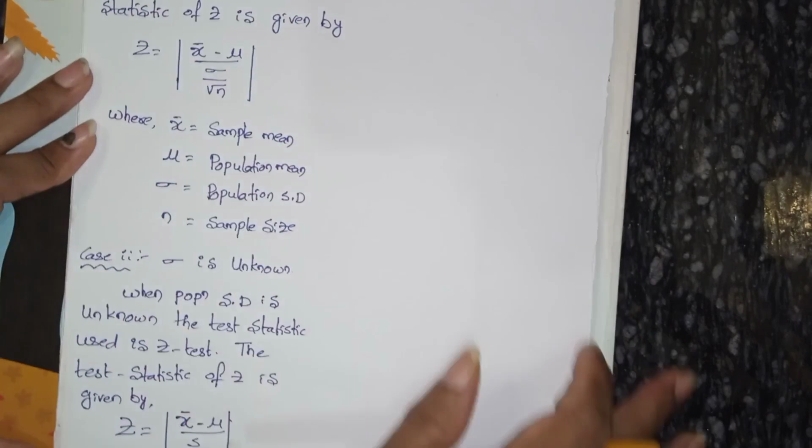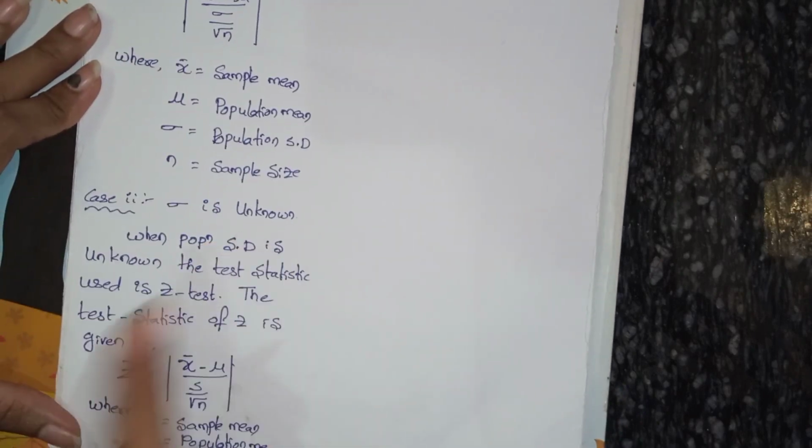So these are the two cases: when sigma is known, when sigma is unknown.